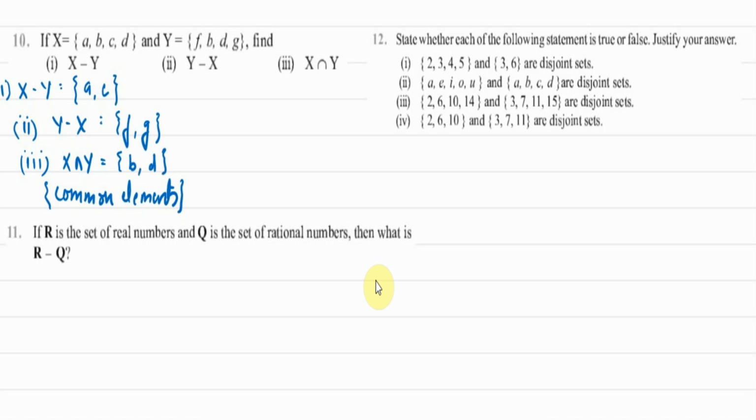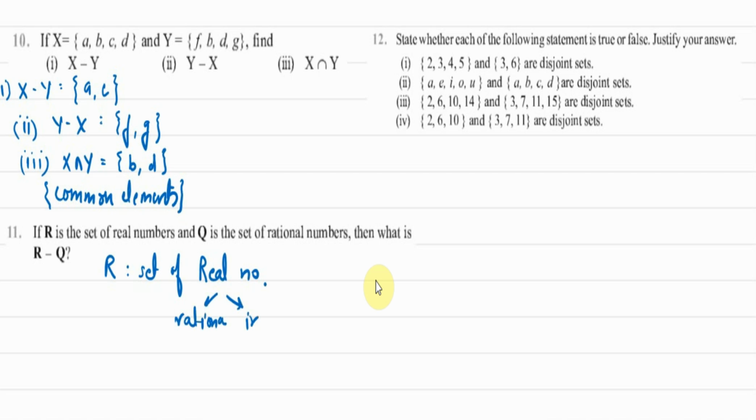Now question number 11, it says if R is the set of real numbers and Q is the set of rational numbers, then what is R minus Q? Okay, so R is the set of real numbers. Now real numbers is a set of both rational and irrational numbers.